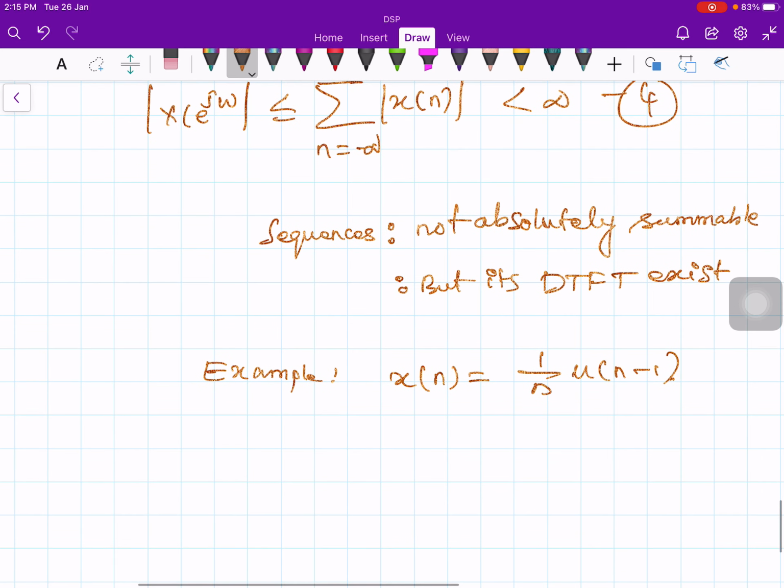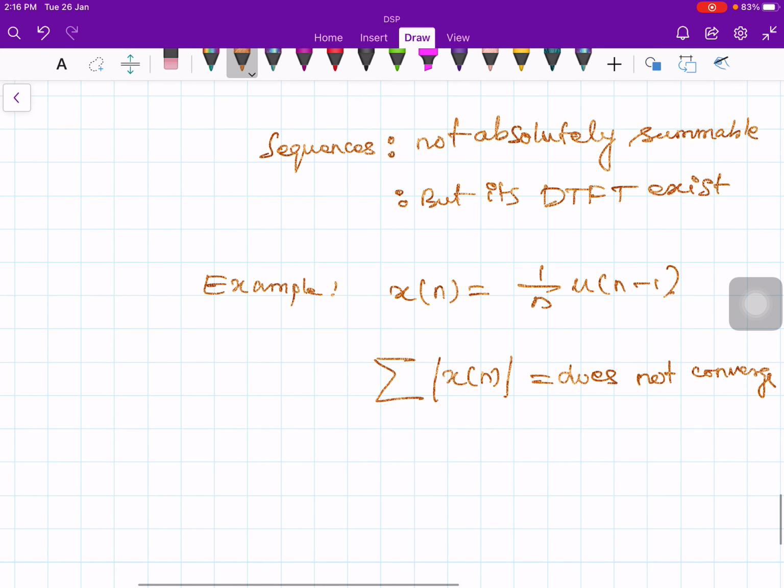Now it can be shown that the summation of x[n] does not converge. It can be shown like this.